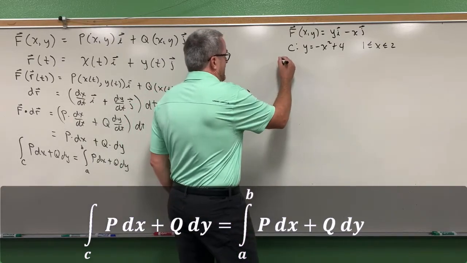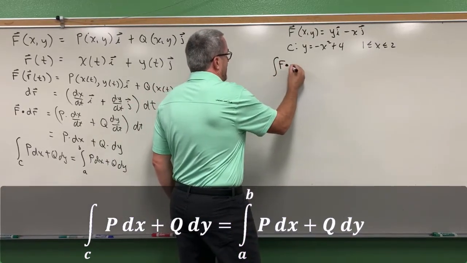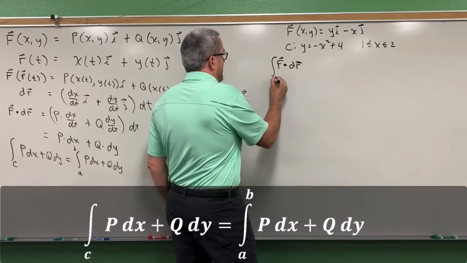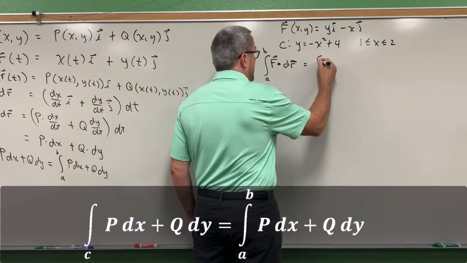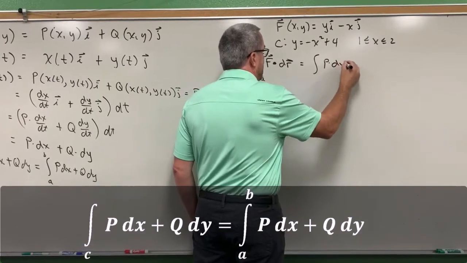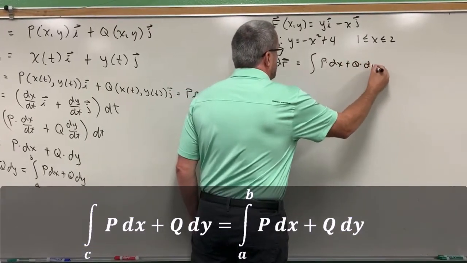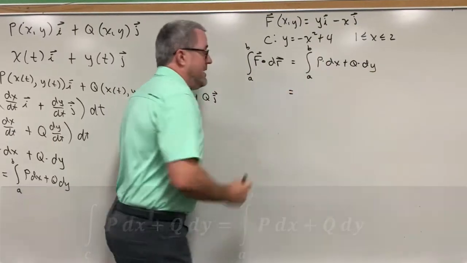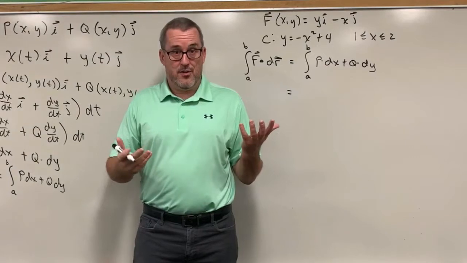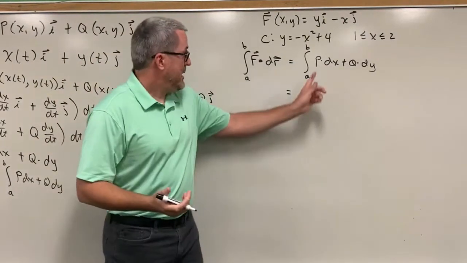So the line integral of F dot dr from A to B can be applied without parameterization by taking P times dx plus Q times dy on that interval from A to B. Now look back at your work from our generation of this formula.